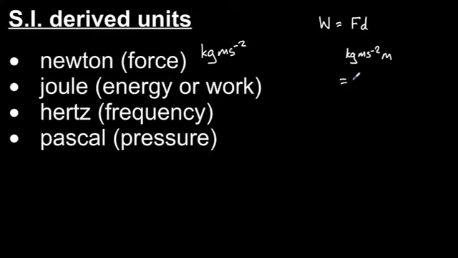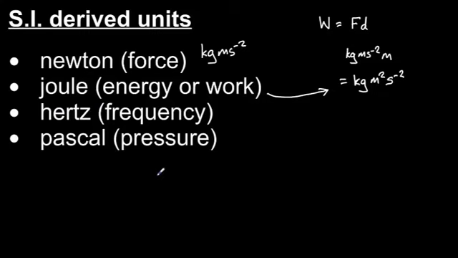We can simplify this to kilogram meters squared seconds to the power of minus 2. So the unit for work, the joule, is equal to 1 kilogram meters squared seconds to the minus 2. We can do a similar exercise to work out what a hertz, a pascal, and all the other SI derived units are.